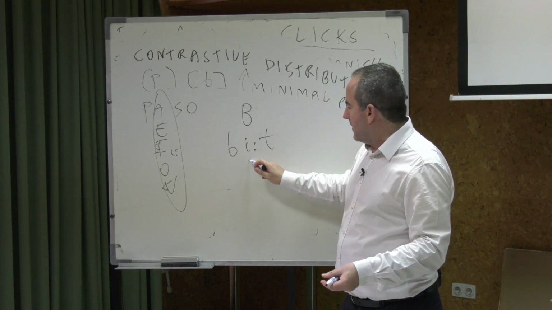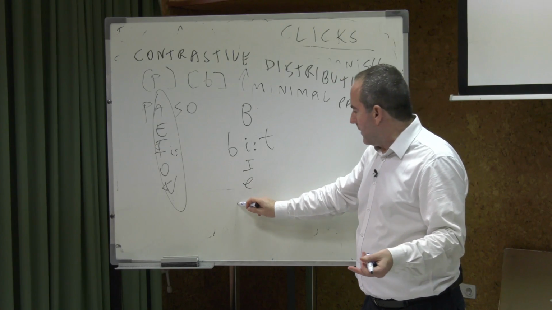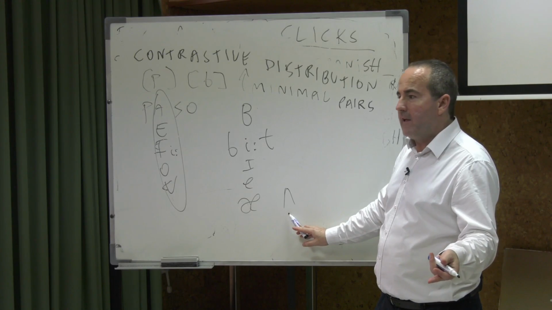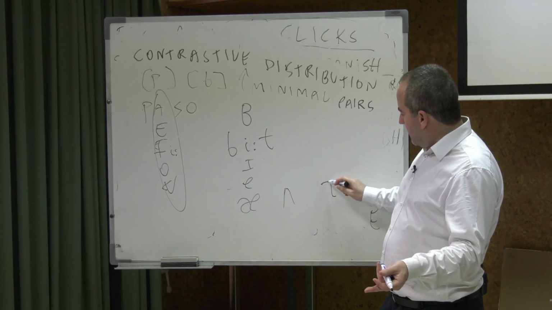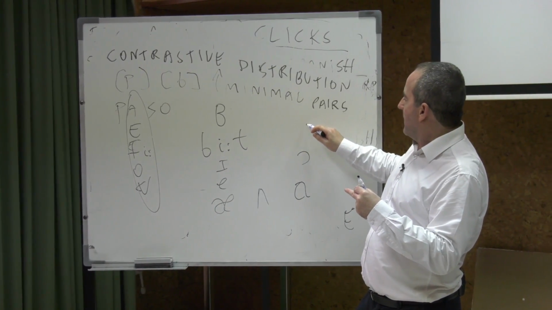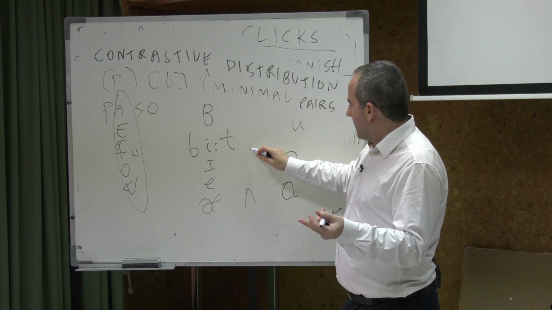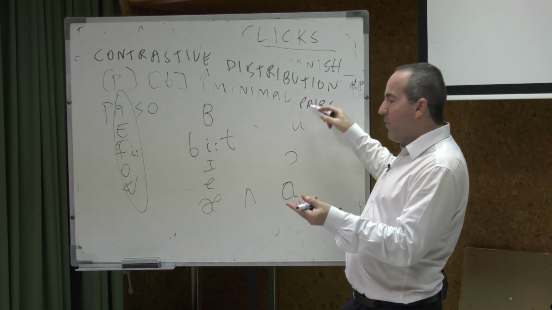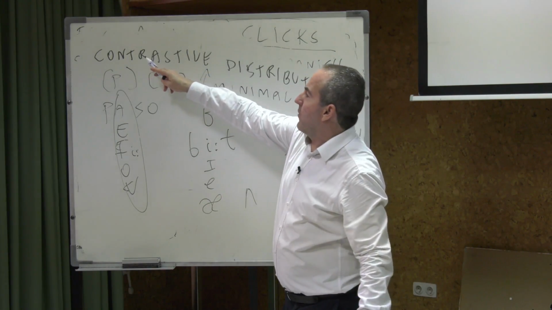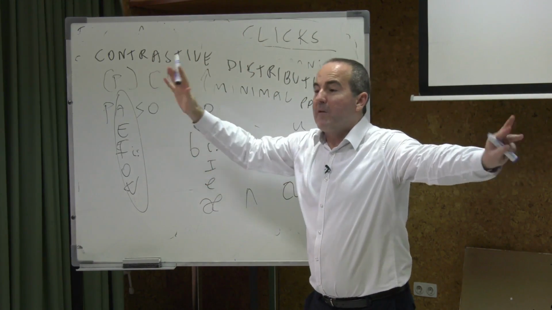Beat is one thing, bit is another thing, bet is another thing, bat is another thing, Bart is another thing, bot is another thing, boot is another thing, okay? So I find many vowels, and that's how, through this use of minimal pairs, I find all the possible contrastive distribution among all the sounds, and I make my phonological system.